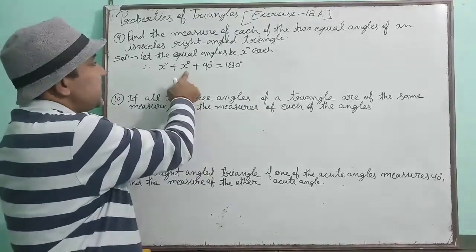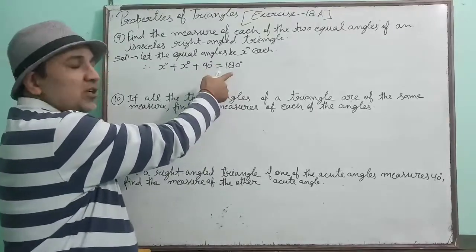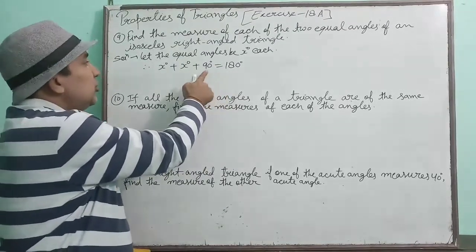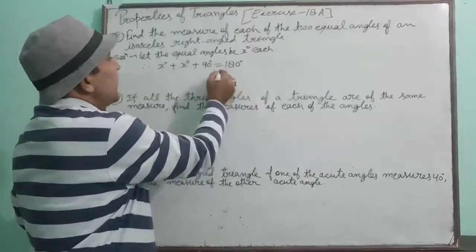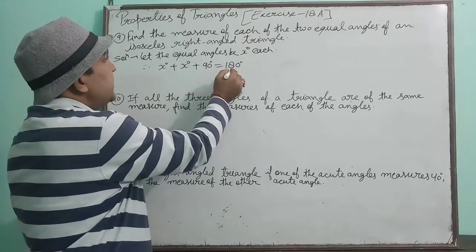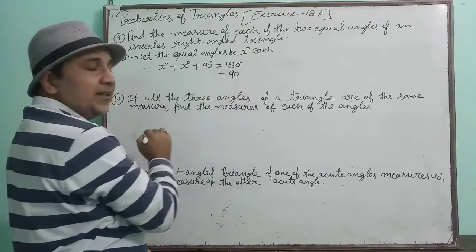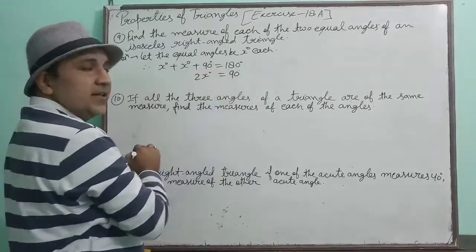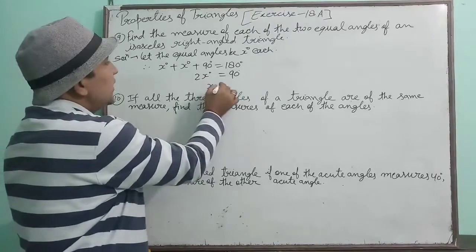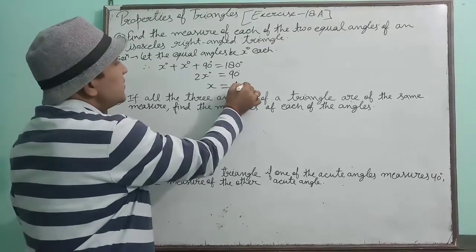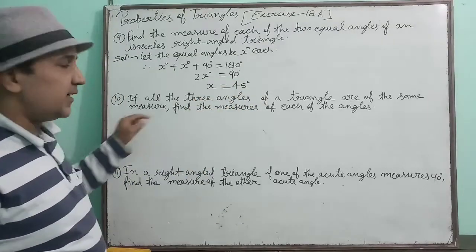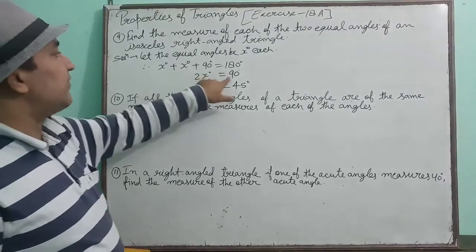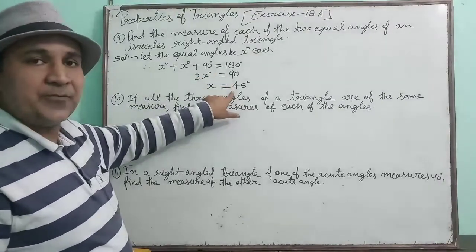First angle plus second angle plus third angle is equal to 180 degree. Now when this 90 is transferred to the right hand side, 180 minus 90 is 90 degree, and x plus x is 2x degree. So from here you can see that x is equal to 45 degree, because when 2 divides 90 you will get 45.